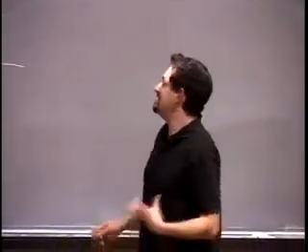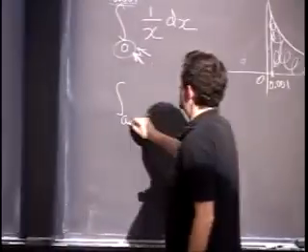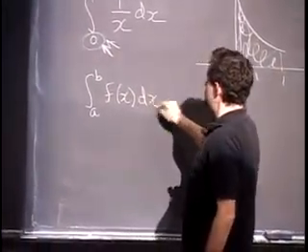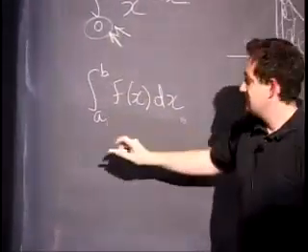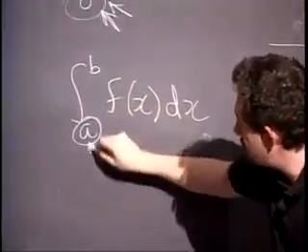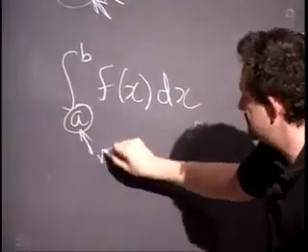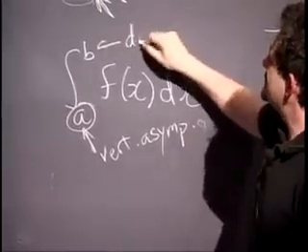So the point is that if you know that this integral converges, and you adjust b, suppose that the problem spot, the vertical asymptote, is here at a. You can change b, it doesn't matter.